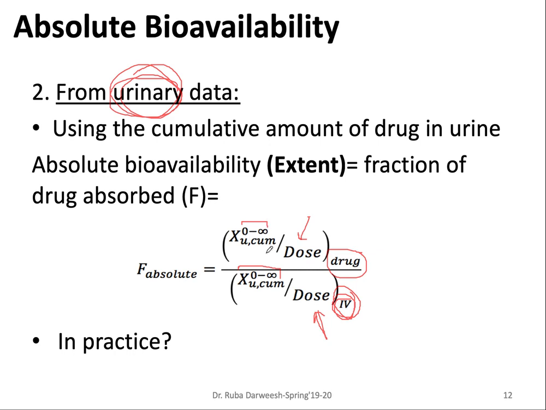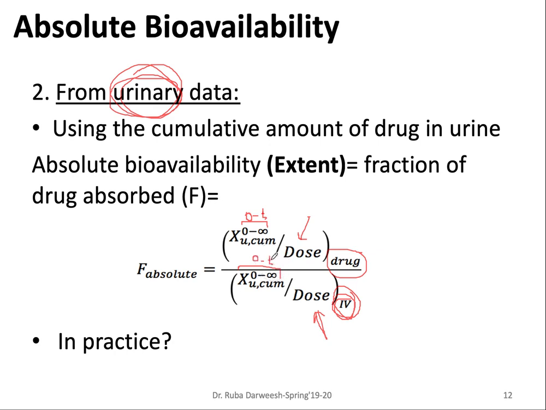If I gave you this in the exam, just use it. But if we don't have enough time, we need to have it from zero to certain time, and this time for each one of them should cover at least 5 half-lives of the drug.